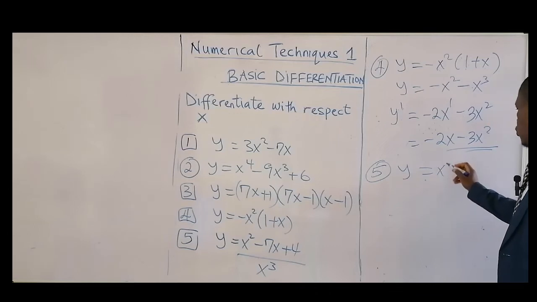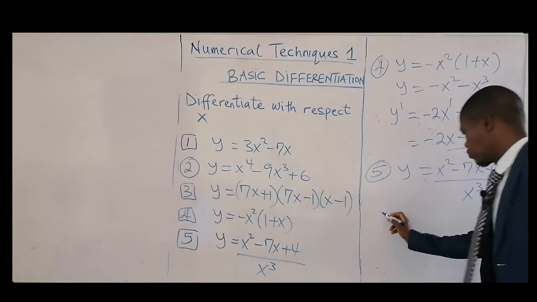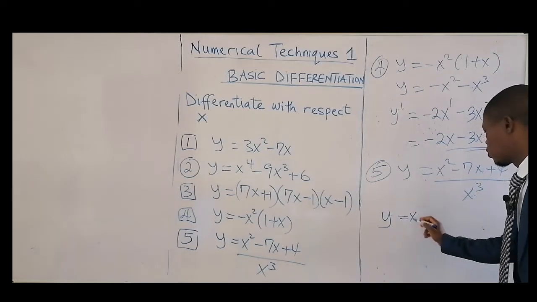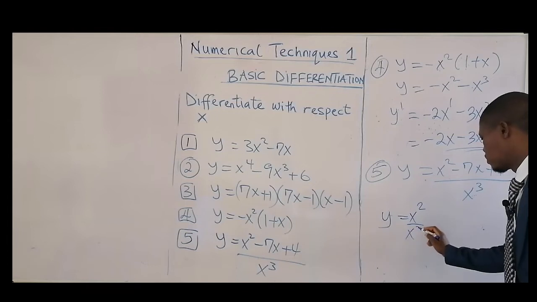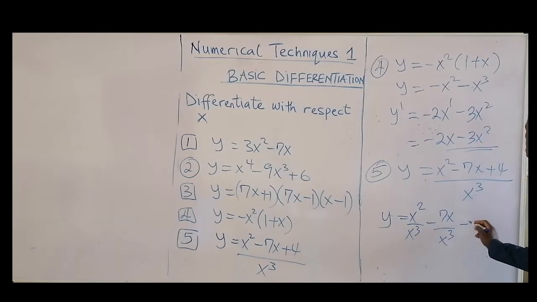y equal to x squared minus 7x plus 4, all over x cubed. Which will be equal to this fraction split as this one over this one, this one over this one, and this one over this. So x squared over x cubed minus 7x over x cubed plus 4 over x cubed.